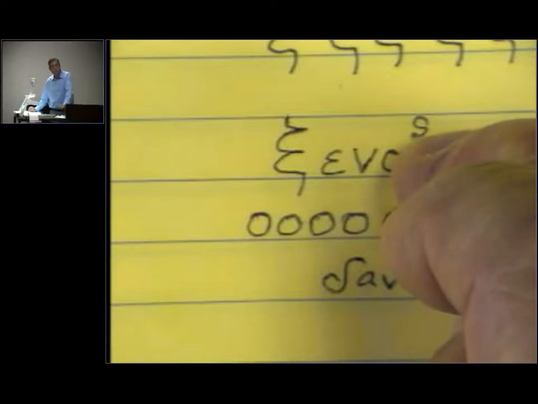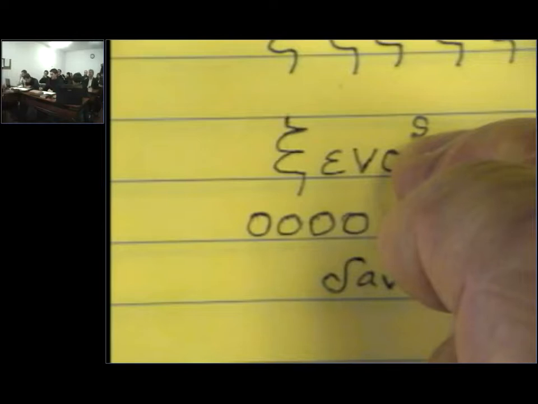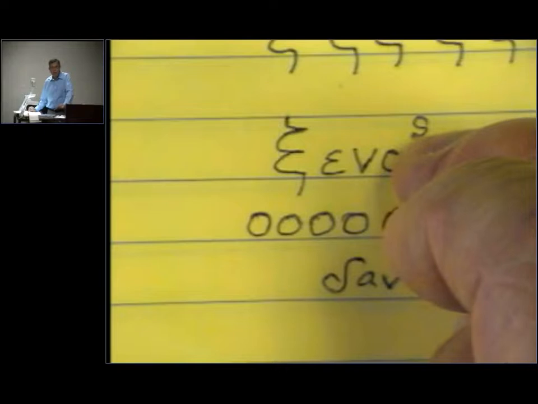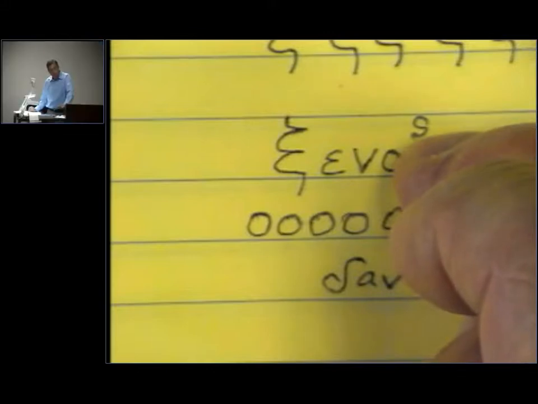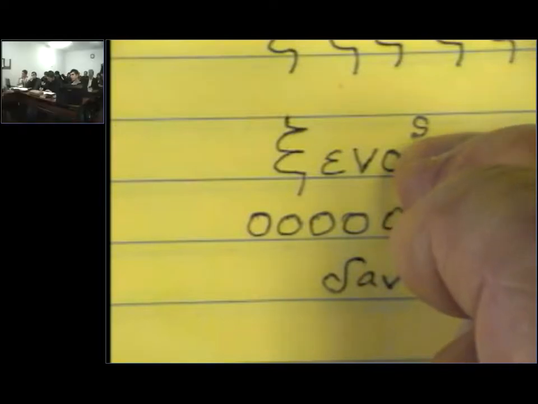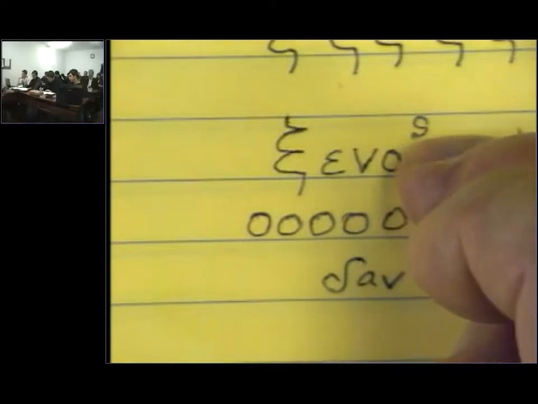So if the stranger is doing the acting, he's xenos. But if somebody is doing something to him, he's xenon.